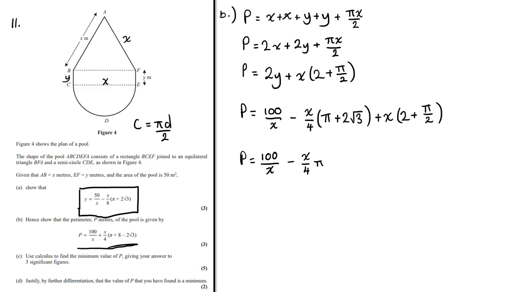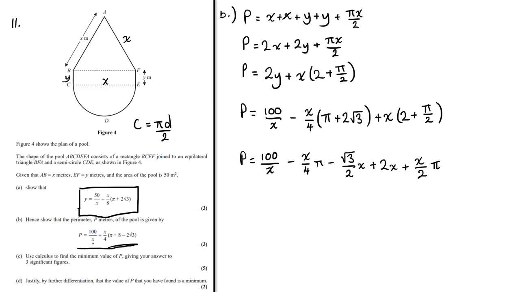When you times these together, the 2 will cancel with the 4 and leave me a denominator of 2. So I'm going to get minus root 3 over 2 x. And then we move on to this bracket here. So I'm going to get plus 2x, and then plus pi x, or plus x over 2 pi. Since I've done that as minus x over 4, I'll do this as x over 2 pi.